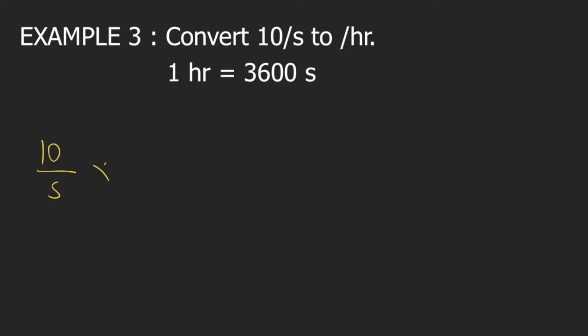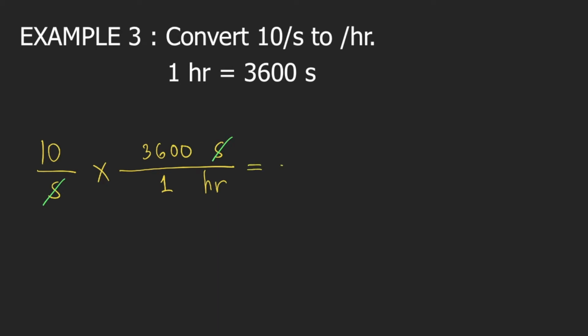Again, the goal in dimensional analysis is to cancel the given unit. So to cancel seconds, you must put the other seconds on top. And you put hour on the bottom. And according to the equivalence, 1 hour is equivalent to 3,600 seconds. So seconds will cancel since they are on opposite sides.